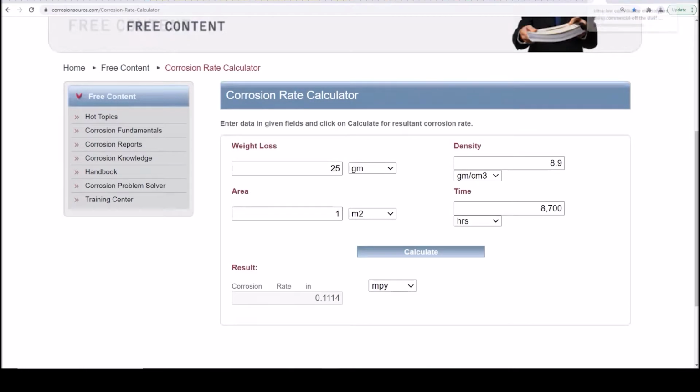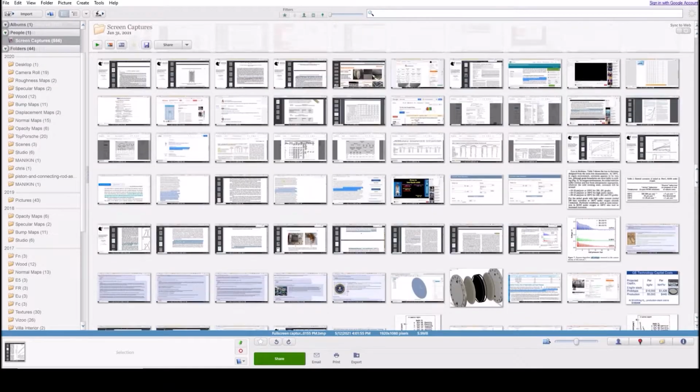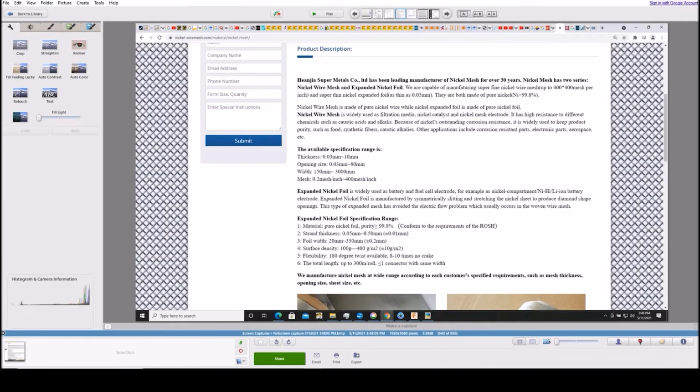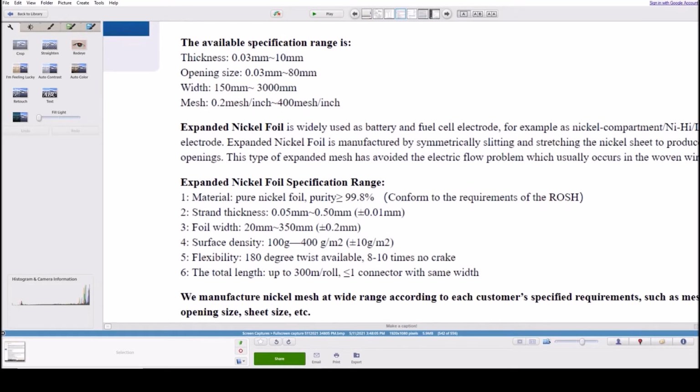If you configure that in a mesh, assuming a mesh is an effective electrode to maximize the surface area, a pretty fine mesh will give you around that number. If you take typical meshes on the market, you can see the mesh density right here is anywhere from 100 grams to 400 grams per square meter.